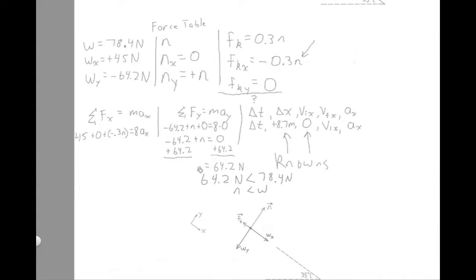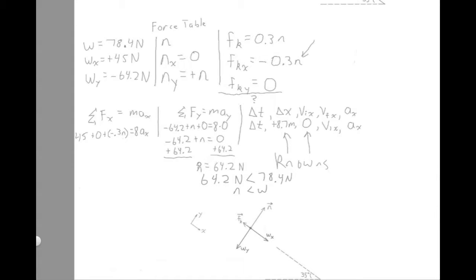Certainly the weight is constant in this problem at 78.4 newtons. And then we discovered that the normal force would be constant at 64.2 newtons. Notice that we got a single number for the magnitude of the normal force with no indication that this number would be different at different points in time.